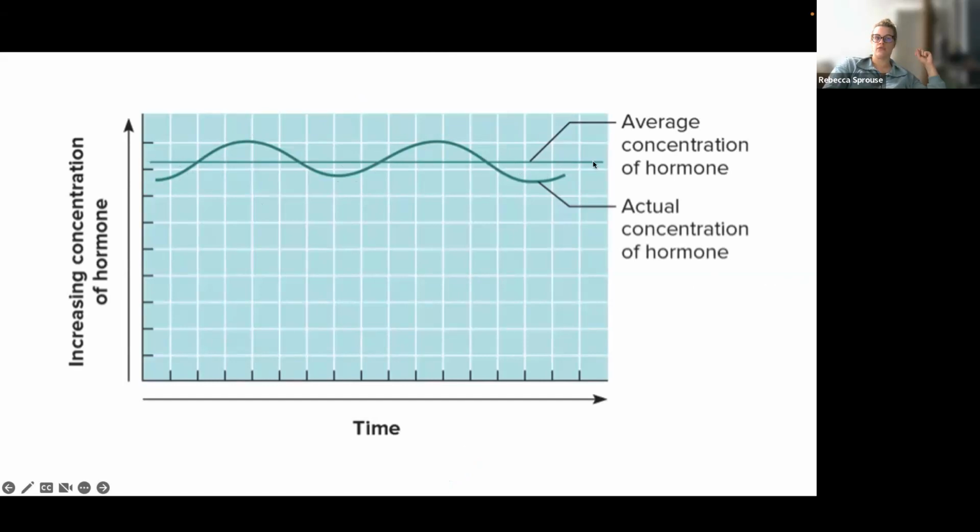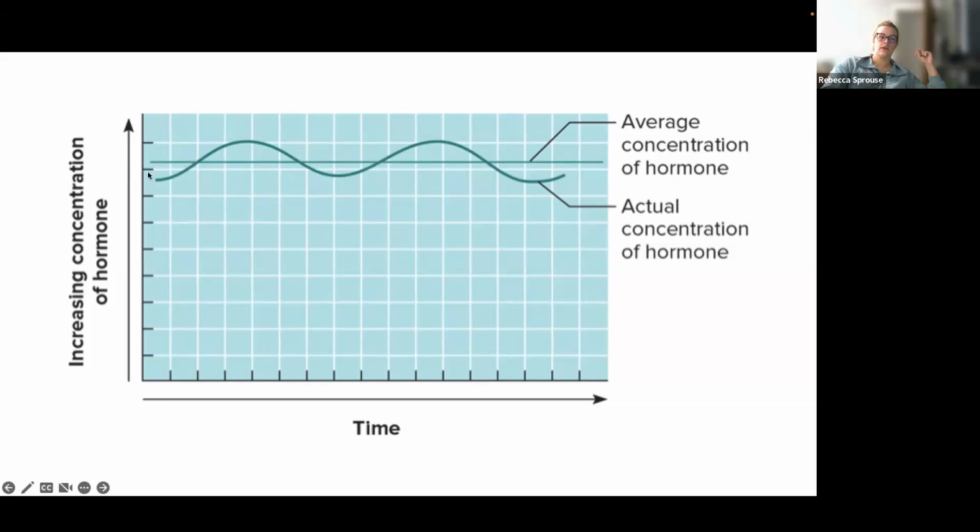It's never a straight line, right? Let's say that your average concentration of hormone is here. So let's just say, for example, the normal circulating epinephrine that's in the bloodstream is this number, whatever this number is.